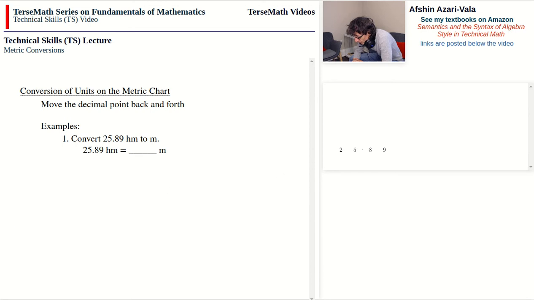And let me, just as a reminder, put the metric chart at the top. Okay, now we start with hectometer here, and we want to go to meter over here. And therefore we have to move along the chart over 2 places. Each move requires that we multiply the numerical value by 10, and therefore decimal point moves forward over 2 places as well. So we end up with 2,589 meters.